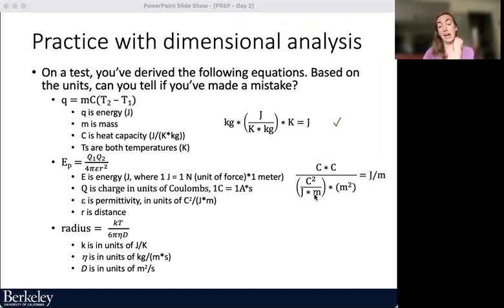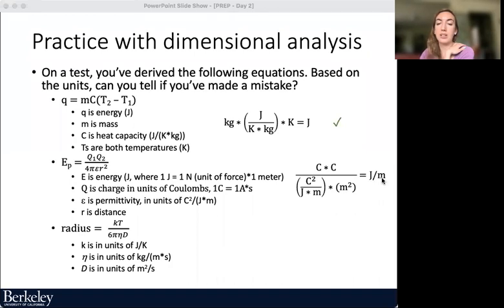Yeah, so I had meters squared right here, but then I have 1 meter here. And so 1 over meters times meters squared just gives me meters. It's like saying if I had 2 squared over 2, the answer is 2. So in this case, I had meters squared divided by meters, and that ended up with meters over here.